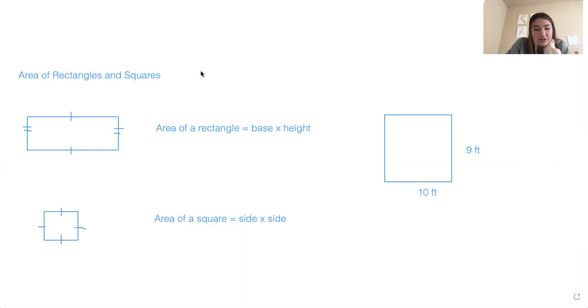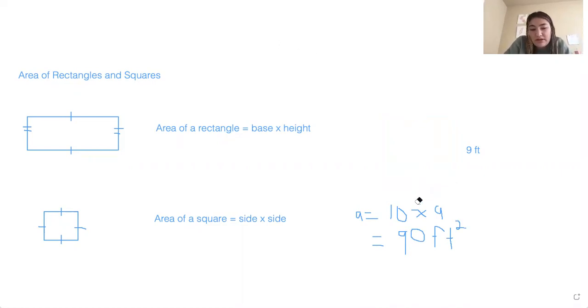We're going to do area, or A, equals base, which is 10, times height, which is 9. So we get the area of this rectangle is 90 feet squared, or square feet. See, pretty simple. Let's keep going.